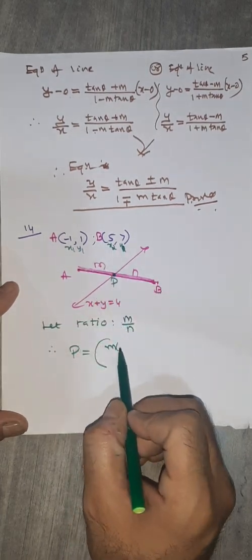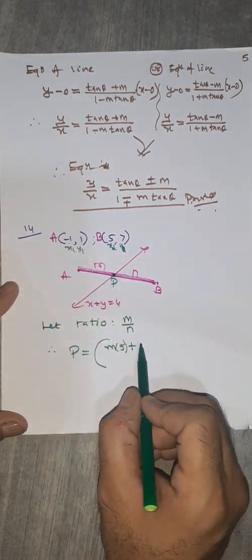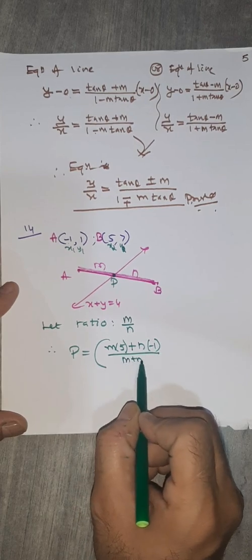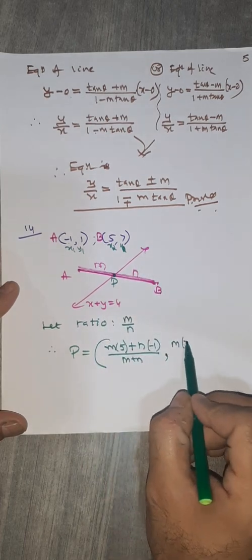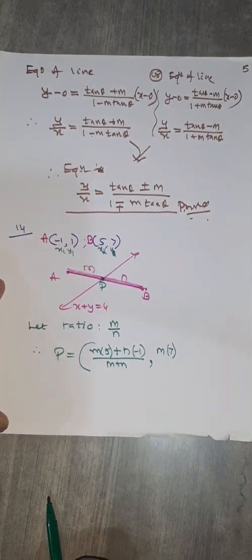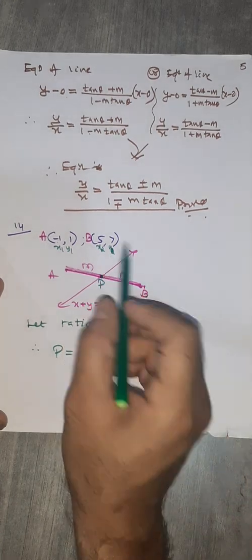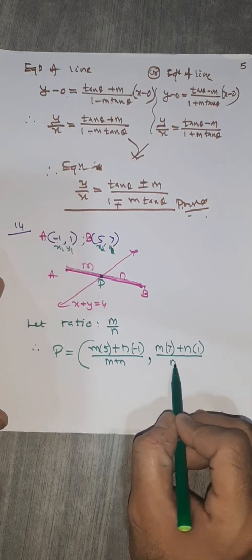So P is (m·x2 + n·(-1)) upon m plus n, comma, (m·y2 + n·y1) upon m plus n, where y2 is 7 here and y1 is 1.